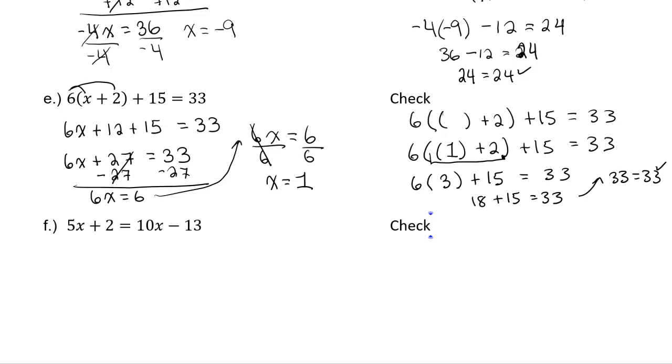Okay, so what I'm going to choose to do is to combine 5x and 10x first. So because I want a positive coefficient, I'm going to go ahead and subtract 5x from both sides. Okay, so that goes away, and I get 2 equals 5x minus 13.